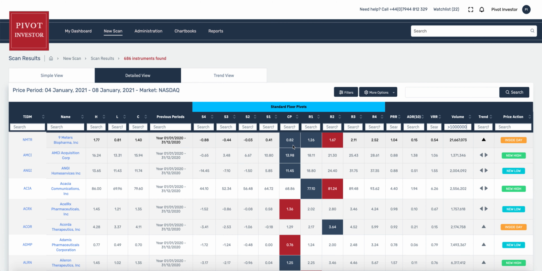Now the blue shaded boxes indicate that the price range crossed the pivot value and then subsequently closed above the pivot value. So these are the blue boxes, and the red boxes indicate that price crossed the pivot but failed to close above it while it closed below it. So they are different shades.